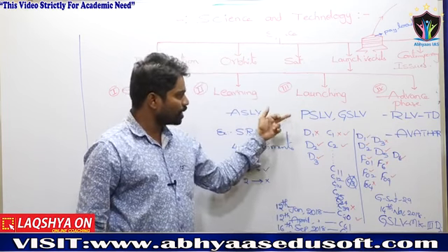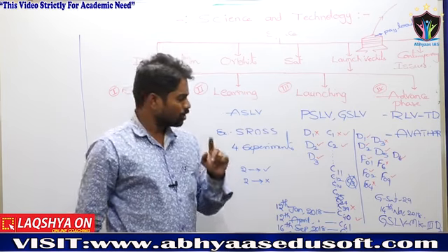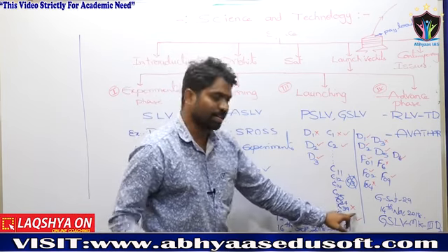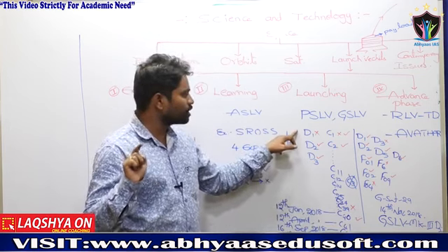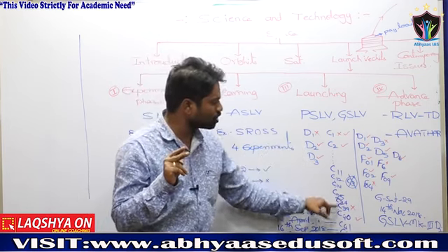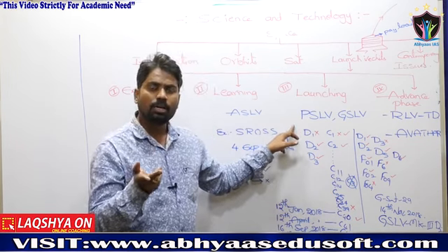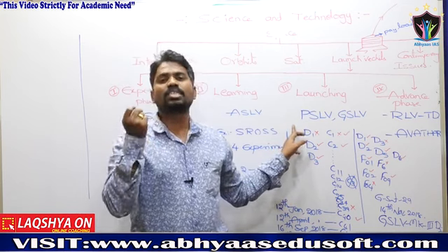In the PSLV, out of 45 launches, just the PSLV C39 mission as well as PSLV D1 are failure missions. Just 2 missions are failures. Out of 45, 2 are failures, 43 are successes.